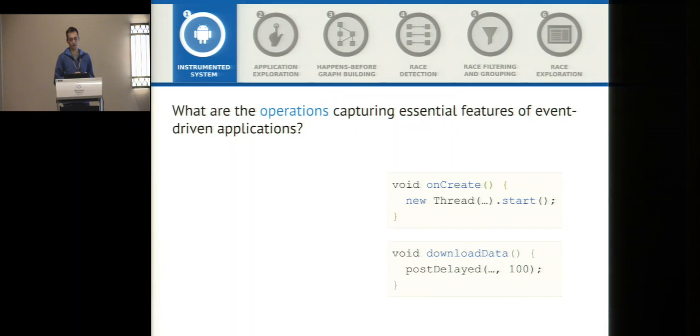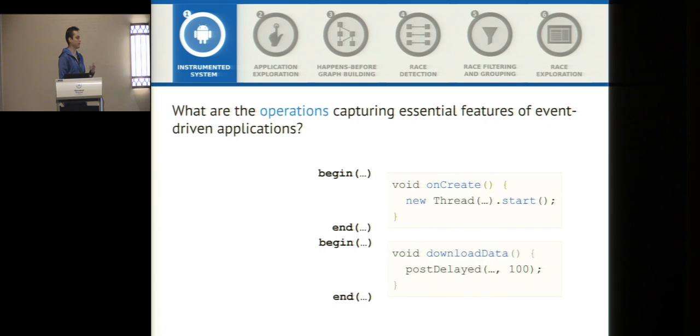So first, the question is, we want to have an instrumentation, but what does this instrumentation actually track? The first thing is we want to track all the relevant operations that capture the essential features of event-driven applications. So for example, if I have these callbacks, I probably want to track when they begin and when they end.